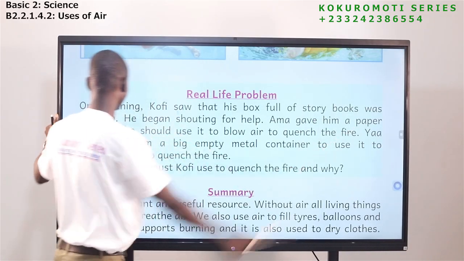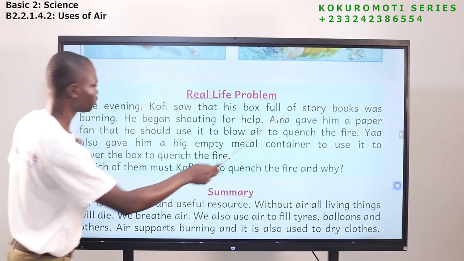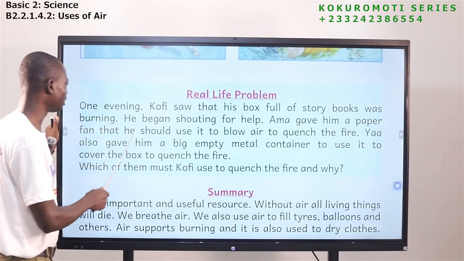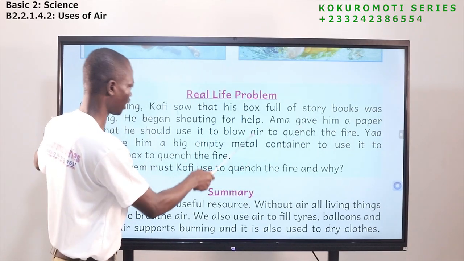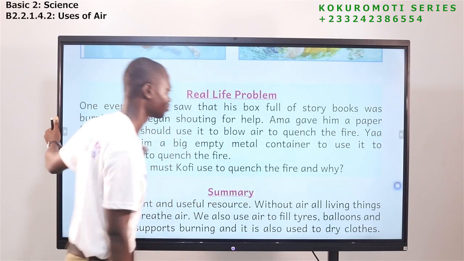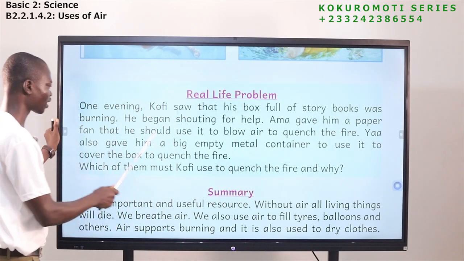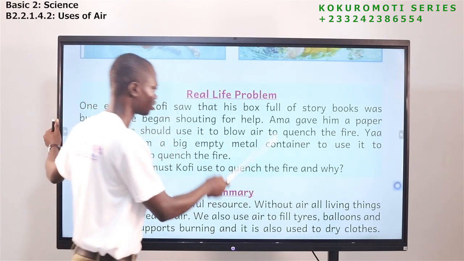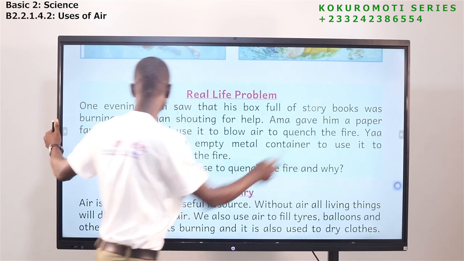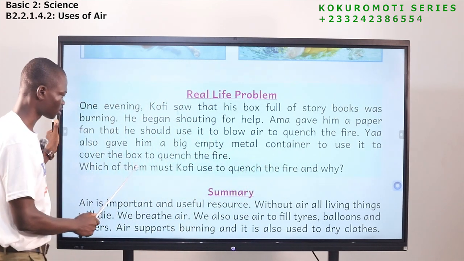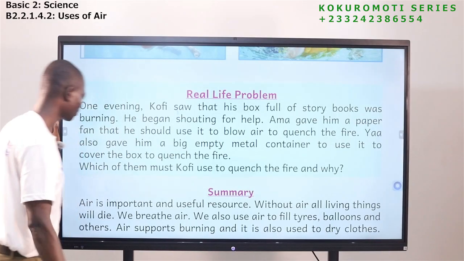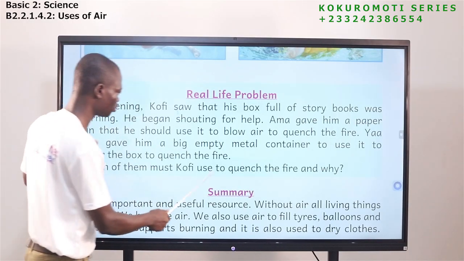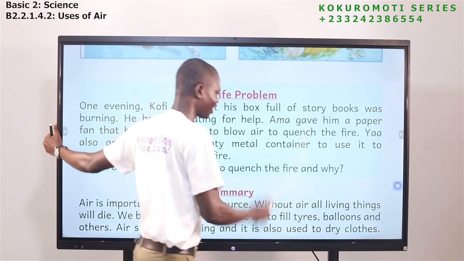Amma gave him a paper fan that he should use to blow air to quench the fire. Ya also gave him a big empty metal container to use to cover the box to quench the fire. Which of them must Kofi use to quench the fire, and why?